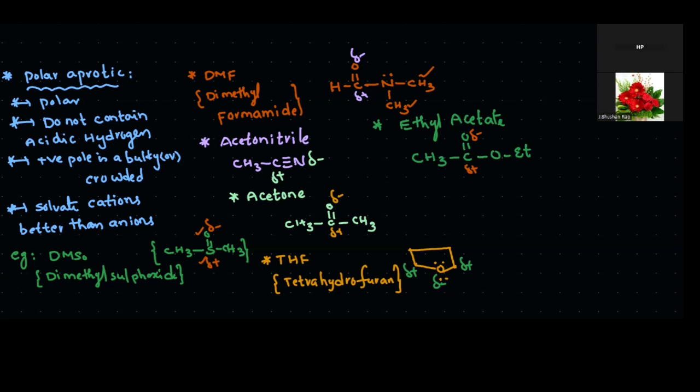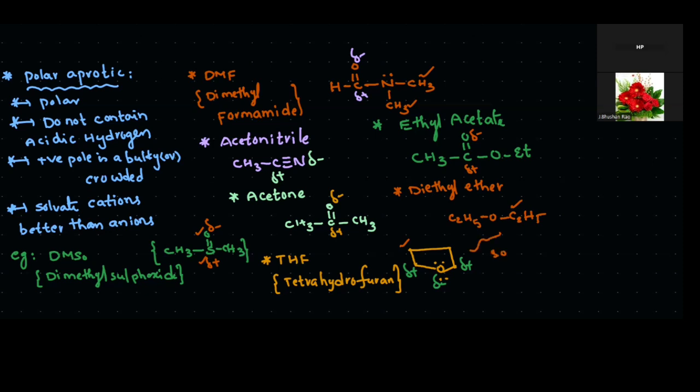Next, another example is diethyl ether. C2H5, O, C2H5. It is the same kind of ether. This ether also acts as a solvent, so these two are solvent molecules.